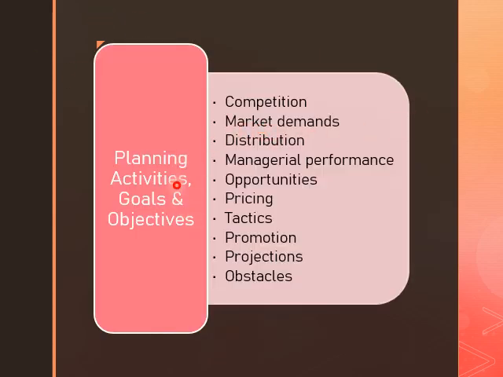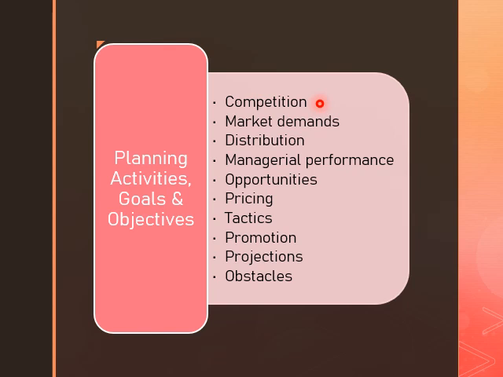Next adalah planning activities, goal and objective. Okay, there are several activities on the planning side. So first one adalah competition. Okay, to know whether or not you are going to venture into that business, you need to know the competition very well.